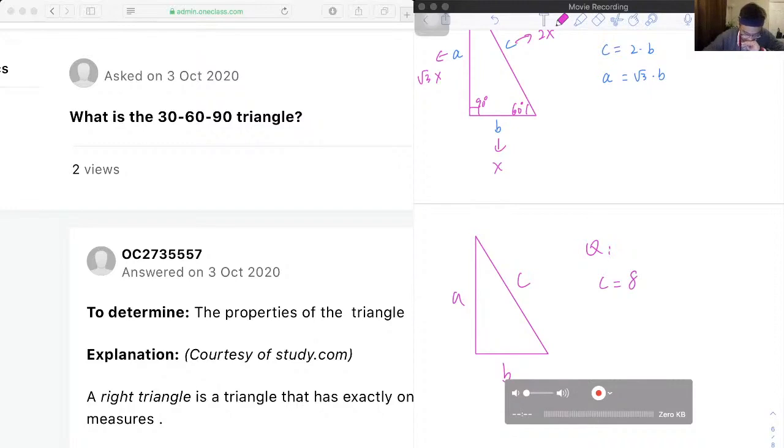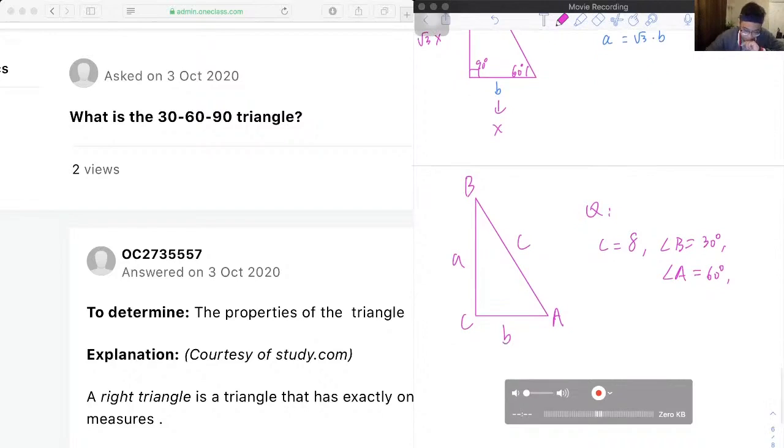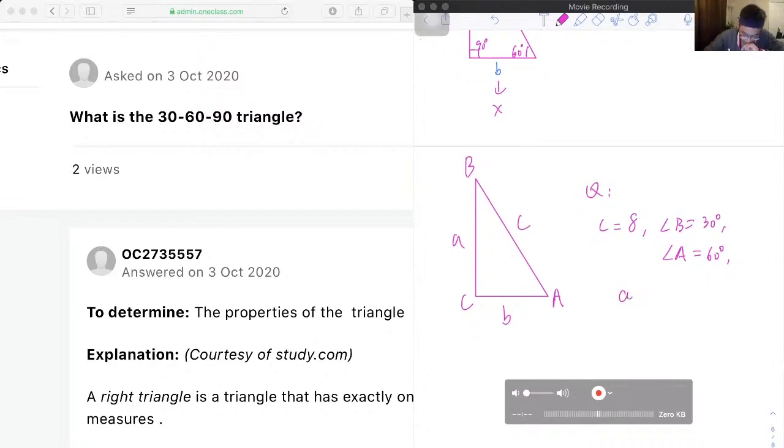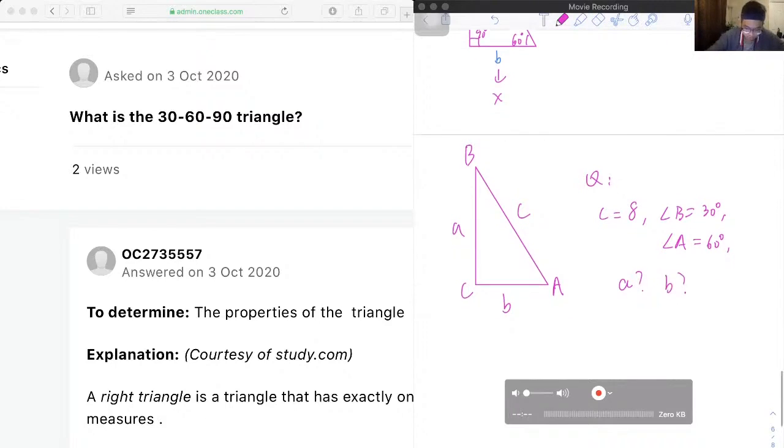The angle of B is equal to 30 degrees, and the angle of A is equal to 60 degrees. And it's asking us to find the values of A and B. So that's what we're looking for.